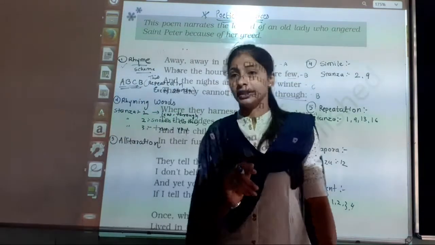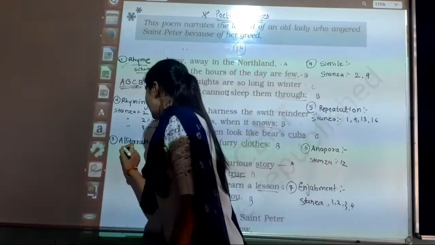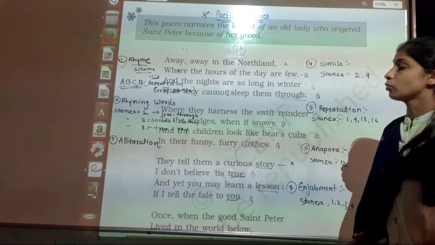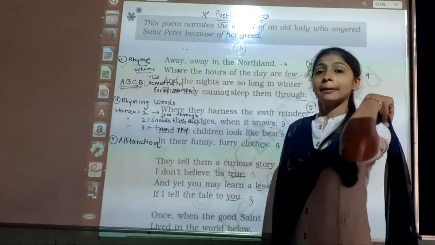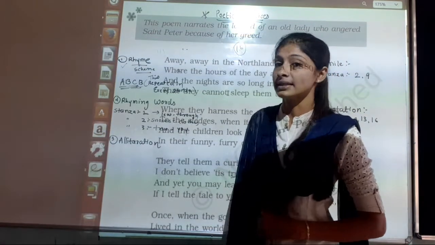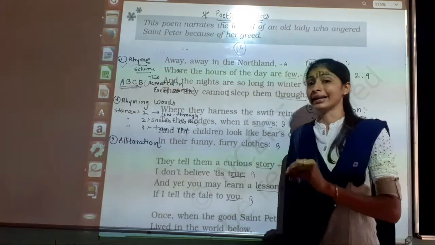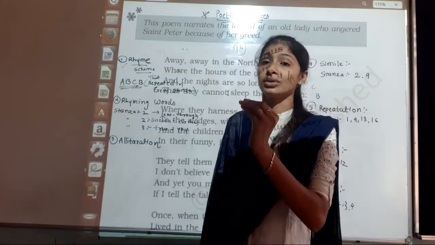Now, third point, say alliteration. Here students, alliteration means what? You know that it is repetition of consonant sound. In every stanza also a few words are there which repeat a consonant sound.